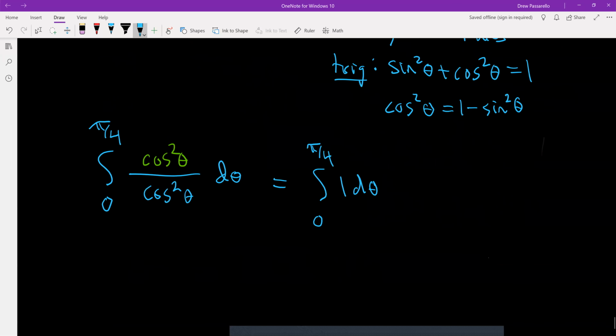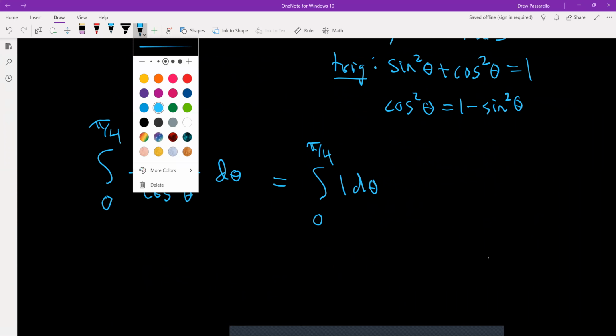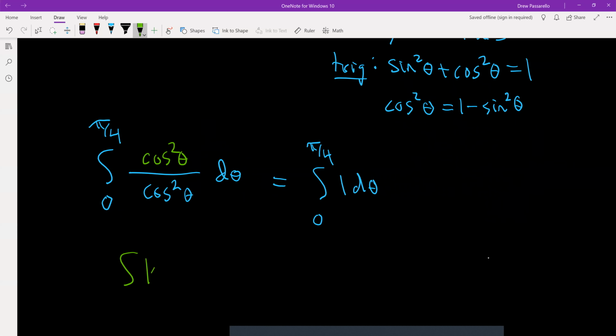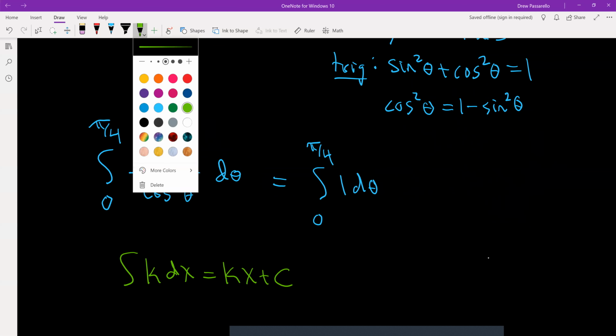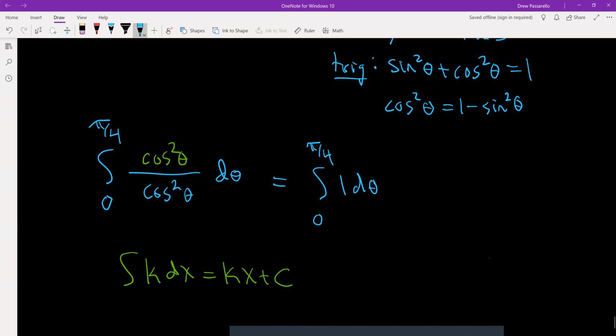And whenever you integrate a constant, you get that constant times the variable. In this case, our variable of integration is theta. So it'll be 1 times theta, which is the same thing as just theta.